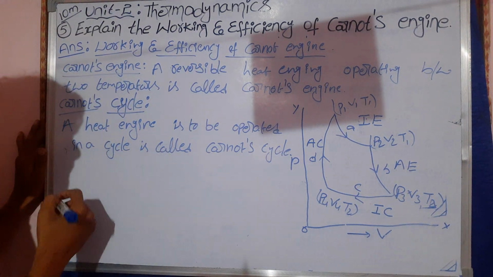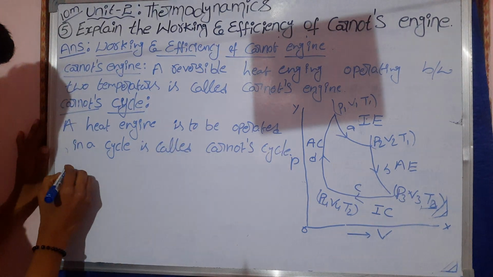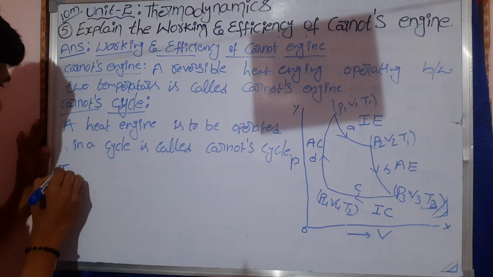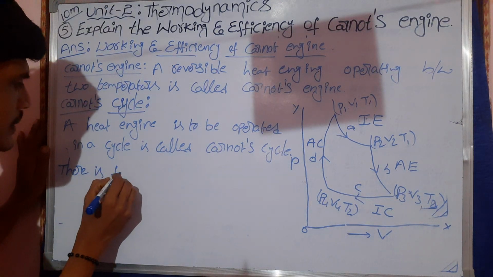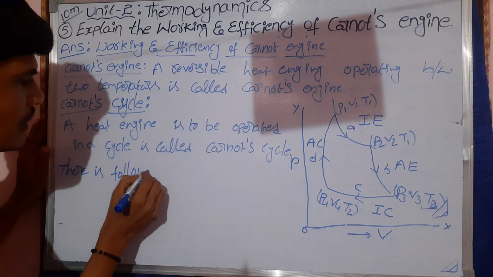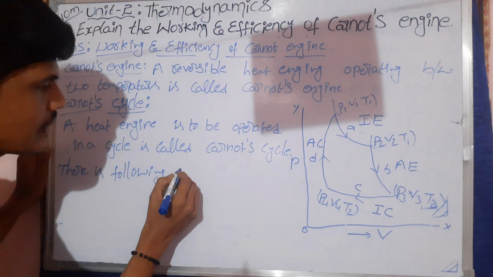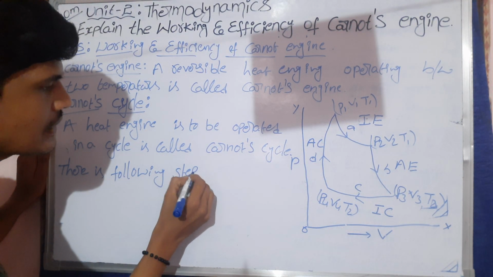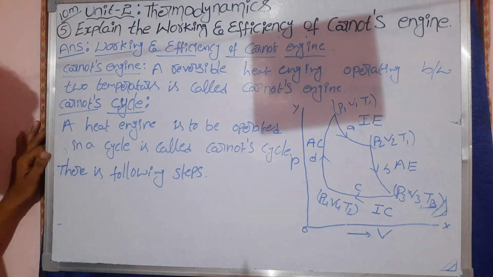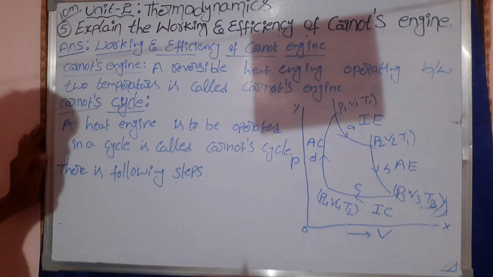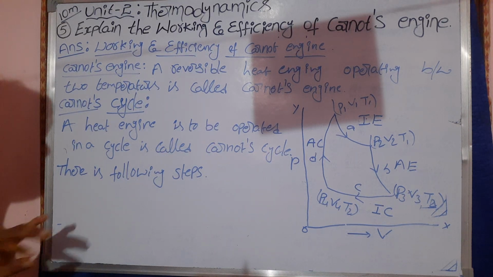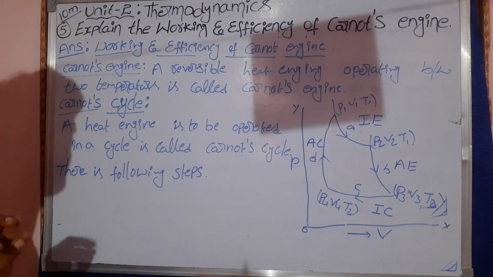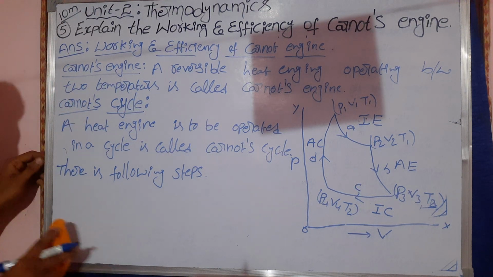The Carnot cycle follows four steps, with four works: W1, W2, W3 and W4.